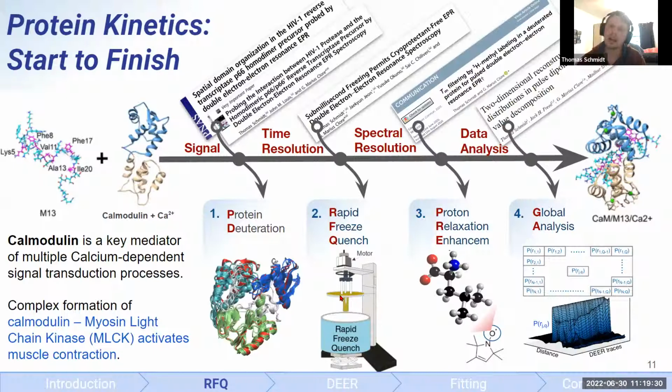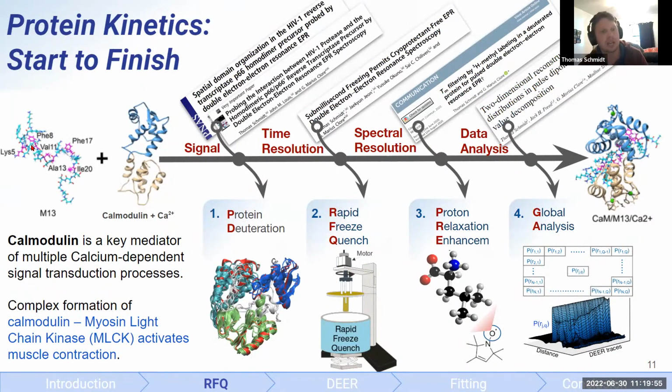Now, if I do that, as an EPR spectroscopist, we already know there's going to be a bunch of distances which are just smack on top of each other. So we're going to have spectral crowding going on, and we need some spectral resolution and some enhancement on that. For that, we're using proton relaxation enhancement. Even though we initially have everything deuterated, we're going to specifically introduce protons.